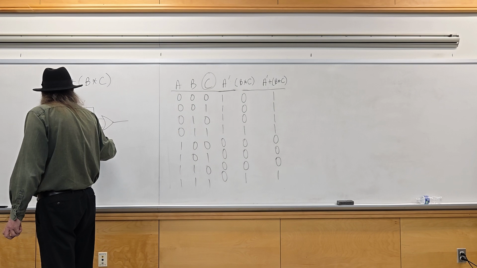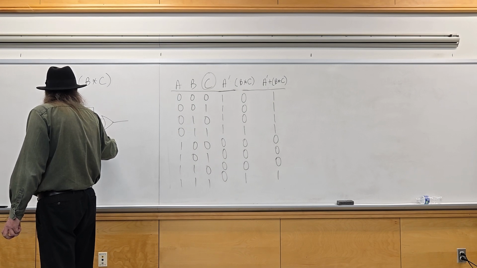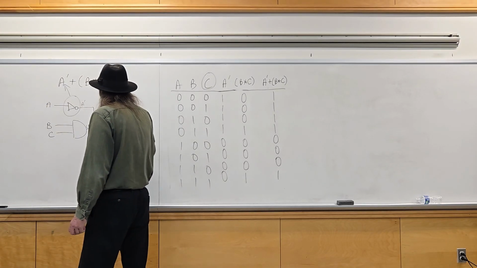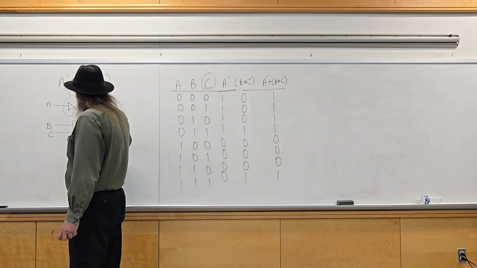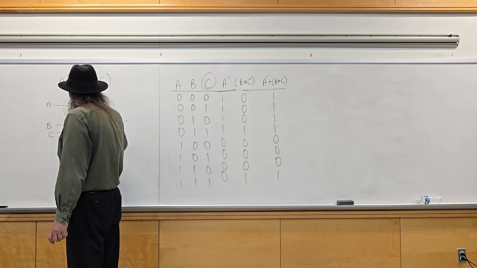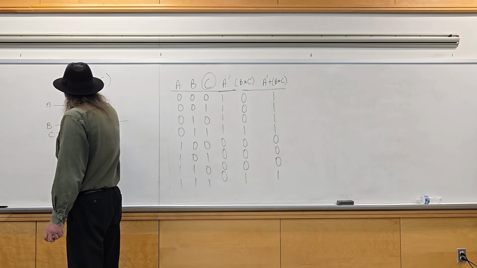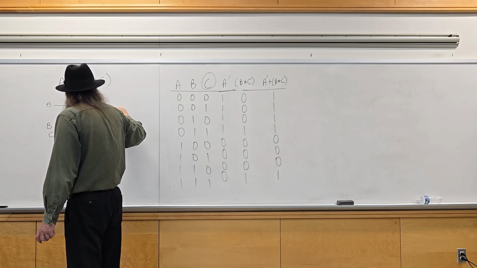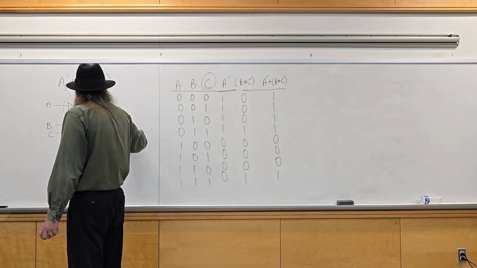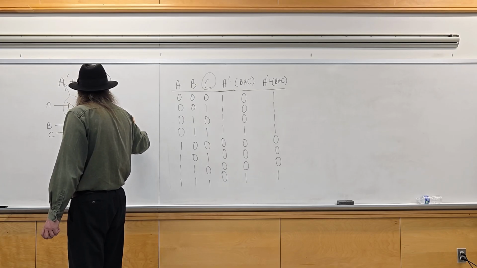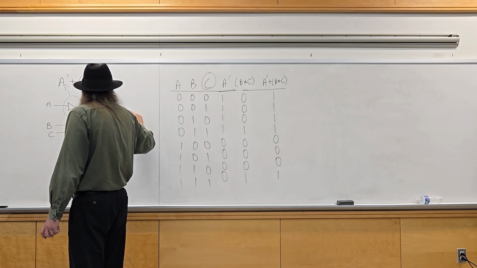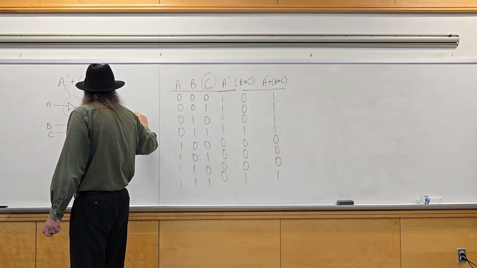So that's here, B and C. And then you OR them together. So this is here, and this is here. So A prime or B and C.